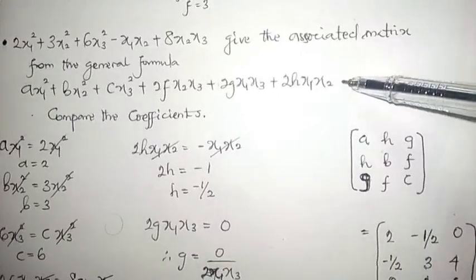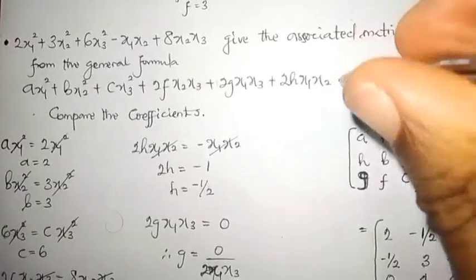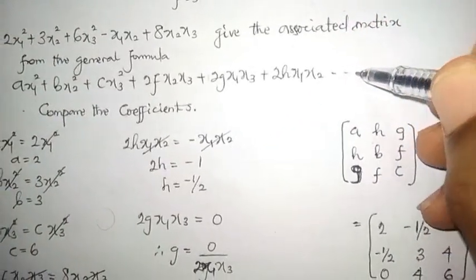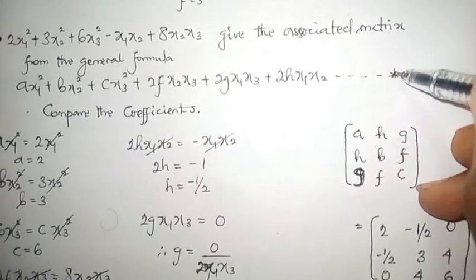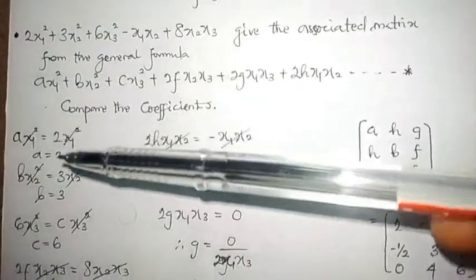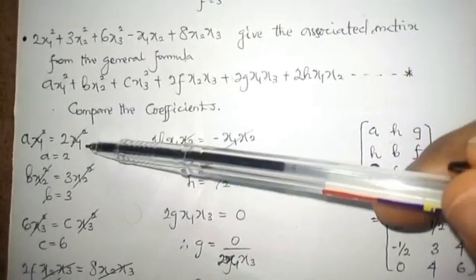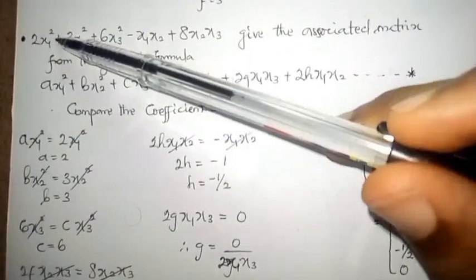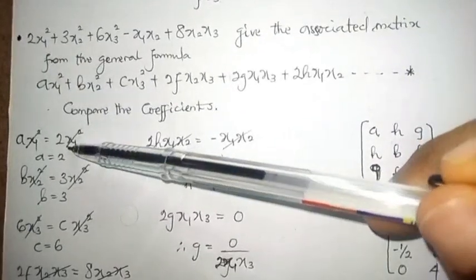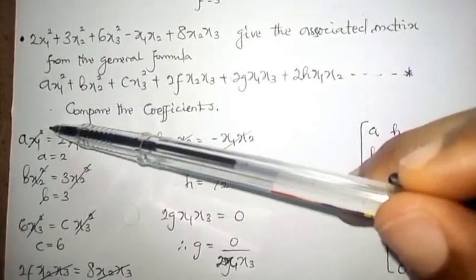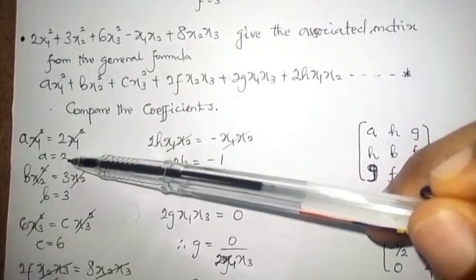So this is the general equation of the matrix. Then we compare the coefficients again, ax1 and 2x1 squared. The variable x1 cancels itself and we are left with a equals 2.